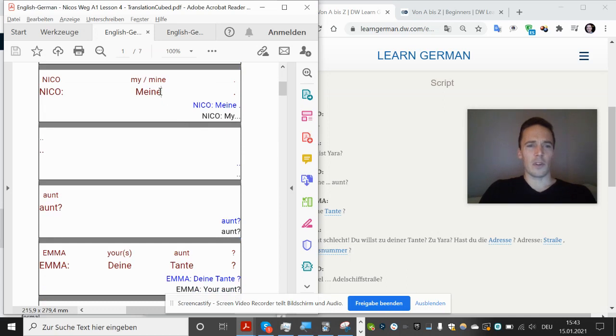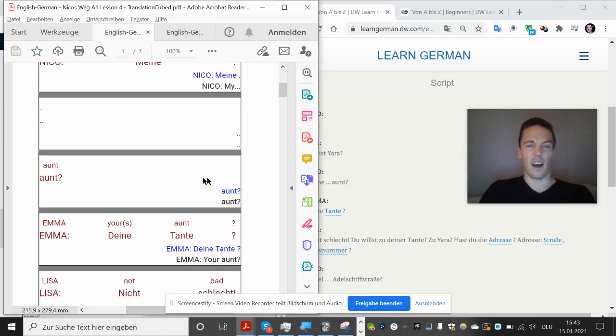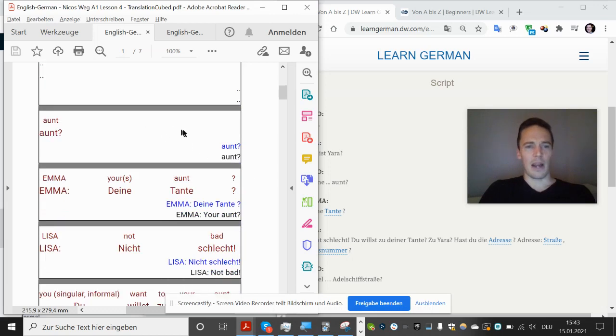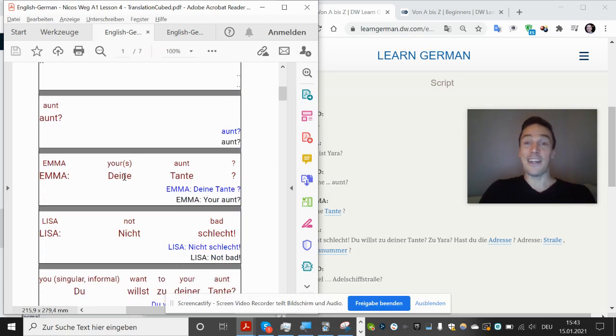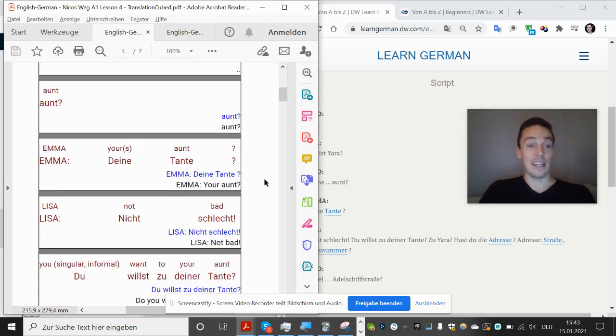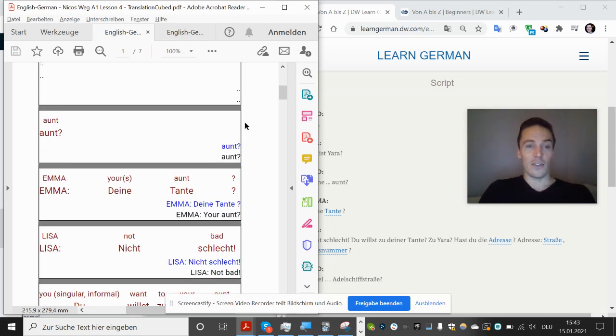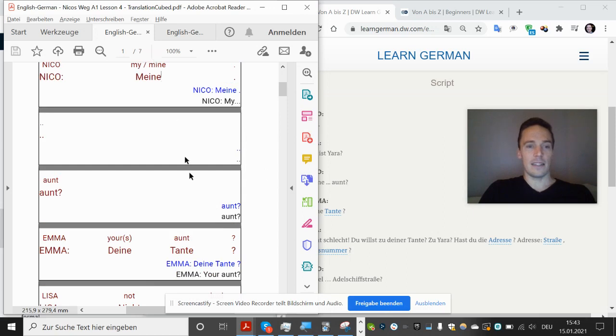Last time we talked about the fact that if a word ends in E, then it's either referring to a feminine noun or it's a plural. In this case, it's a feminine noun. What noun? Meine, and then Nico wants to say aunt. He can't remember how to say aunt, and Emma knows that word in English, and she says, deine Tante? So, meine Tante.